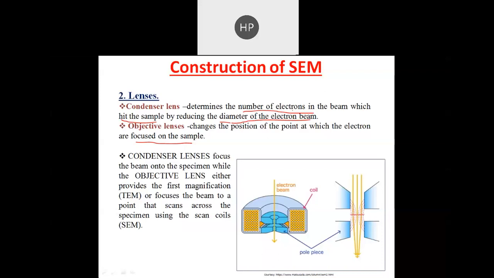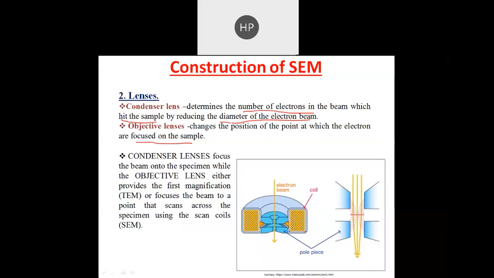Okay, so the condenser lens focuses the beam onto the specimen, while the objective lens either provides the first magnification or focuses the beam to a point that scans across the specimen using the scanning coils. Okay, so you can see here this is the electron beam which is passing through this one.